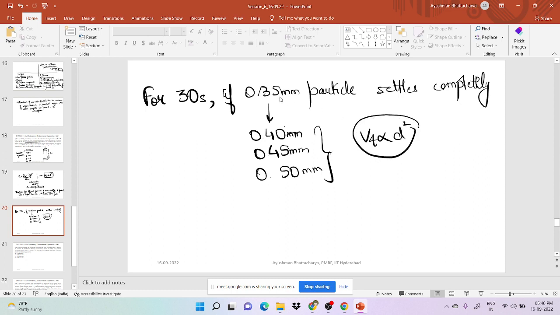If this particle settles in 30 seconds, particles with greater diameter will obviously also settle completely. That means they will be 100% removed.